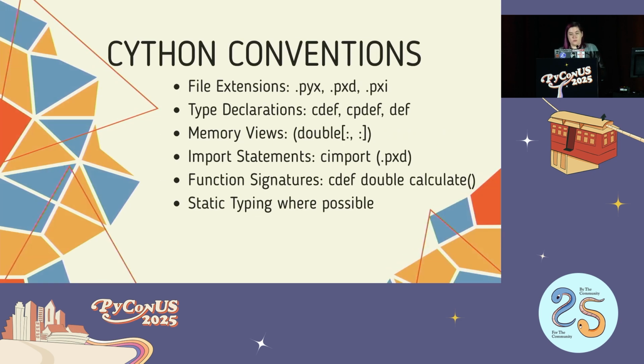When it comes to the conventions of Cython, you have a couple of additional file extensions. You don't just have .py files. A .pyx file is only required if you're going to make a function declaration that's a cdef. A .pxd file is similar to a header file in C or C++, and .pxi files are like an include file.